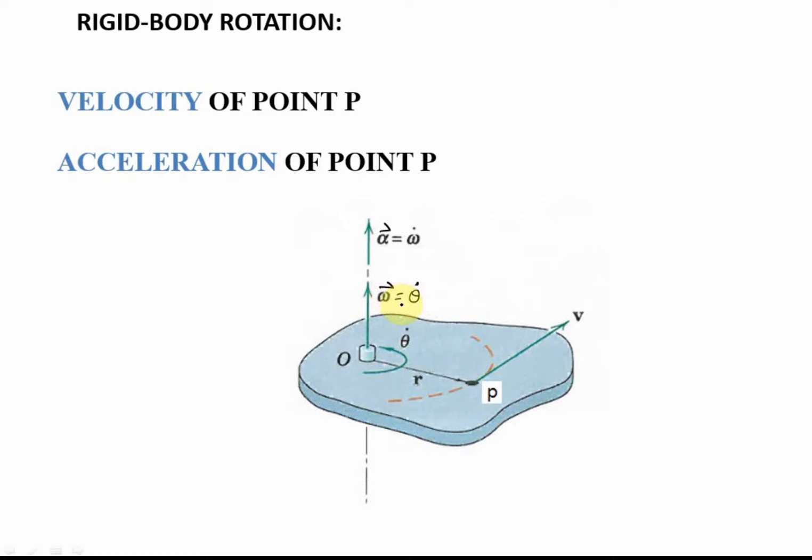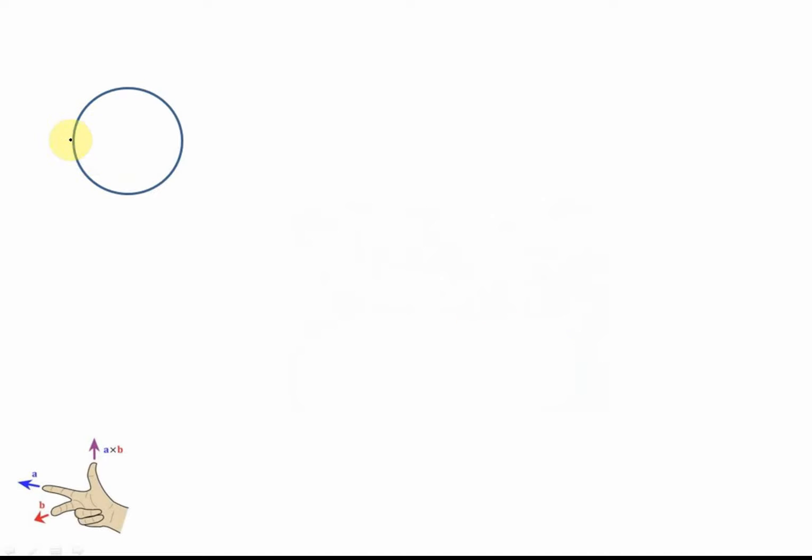In these conditions, if you want to get the velocity or acceleration of any arbitrary point P on the surface of your rigid body, how can we determine it? Look at this circle. Let's imagine that we look at the disk from the top.